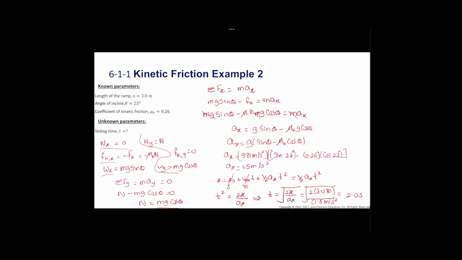Now in this example, because of the slope, the sea lion experiences both a component of its weight in the forward direction and the frictional force opposite to the motion. Because it's an inclined surface, the friction force is in the opposite direction of motion, and in the forward direction we have a component of W, which is W sin theta.